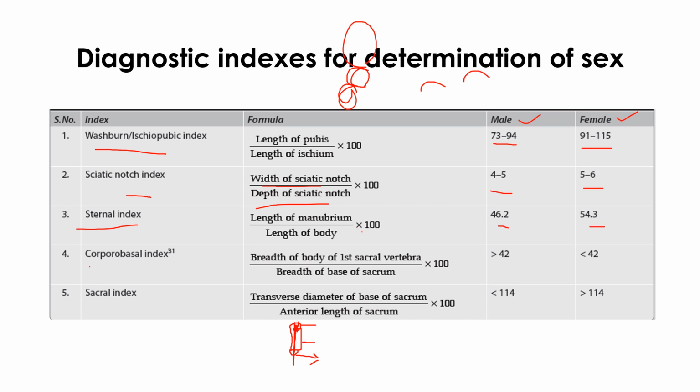Next, the corporobasal index. This is the breadth of the body of the first sacral vertebra.